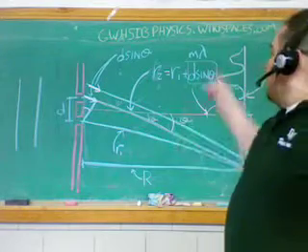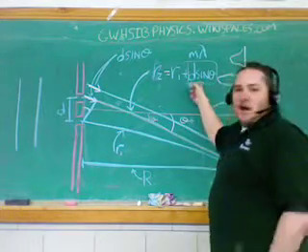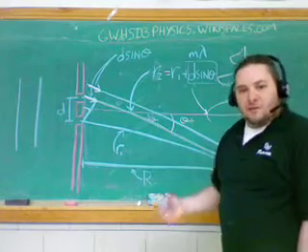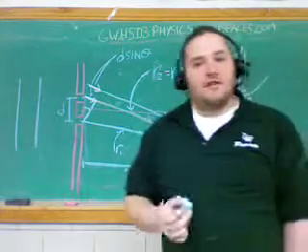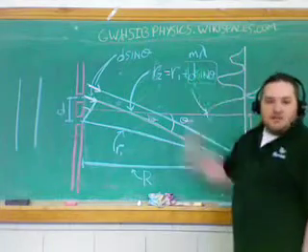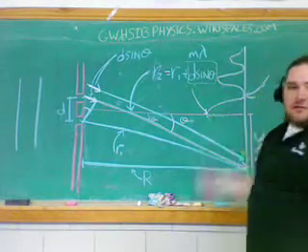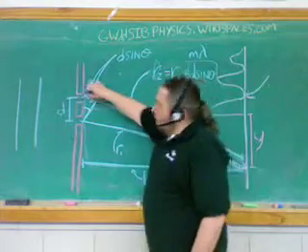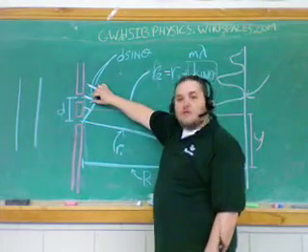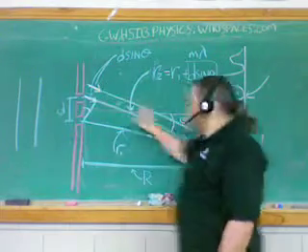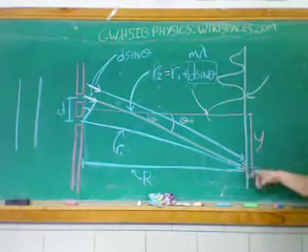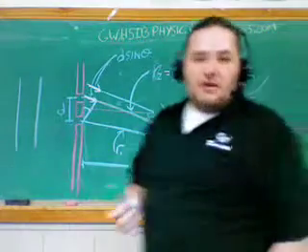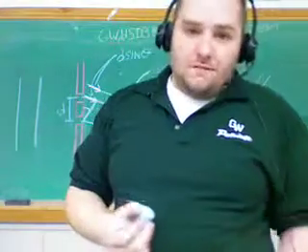Which means that this distance here has to be a full wavelength, or 2 full wavelengths, or 3 full wavelengths in order to get constructive interference, or even 0 wavelengths if you want to talk about the center point. Okay? So if this distance right here is a wavelength, or 2 or 3 or 4, then when these two beams of light intersect at that screen, I have constructive interference. Then I have a bright spot. Cool?